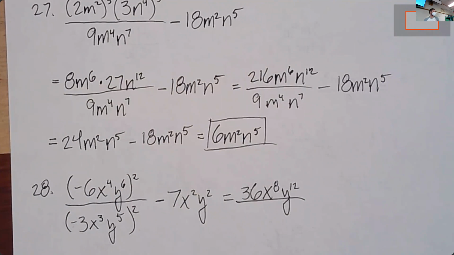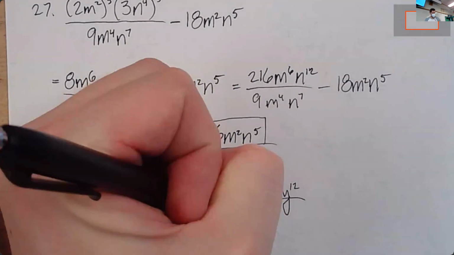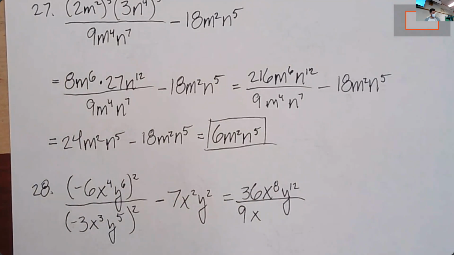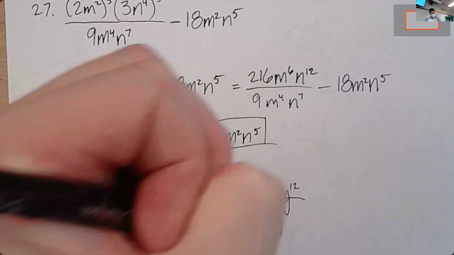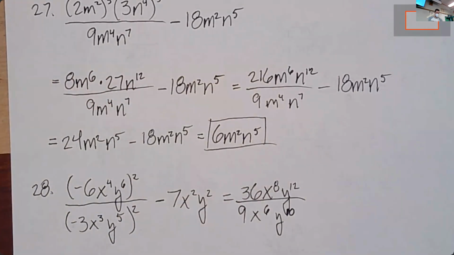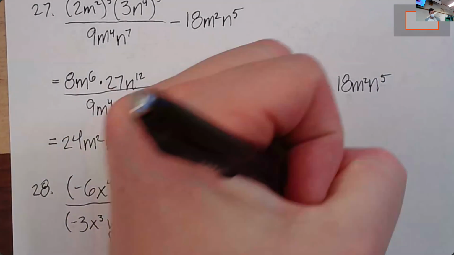What do we have on our denominator? I'm going to go with x to the 6th, but y to the 10th as well. Yeah, okay. All right. So 9x to the 6th, y to the 10th. And don't forget about the subtraction. So minus 7x squared, y squared.